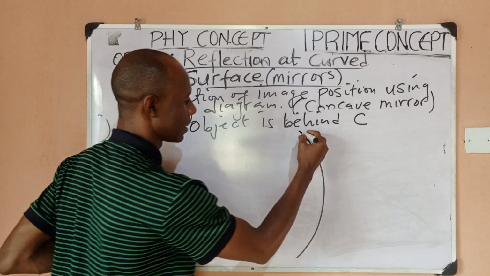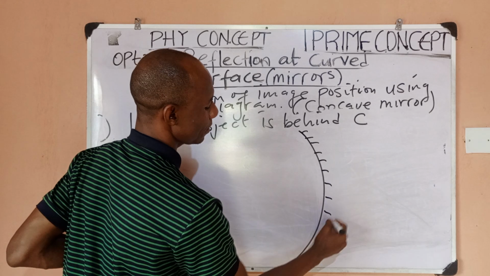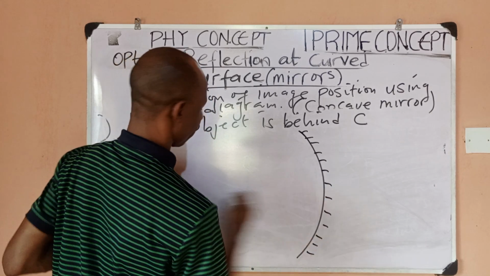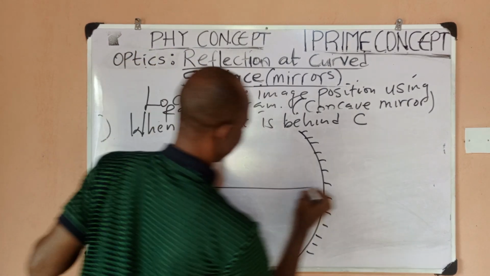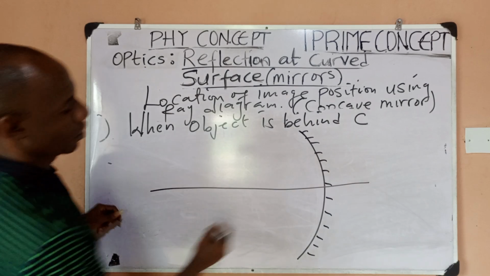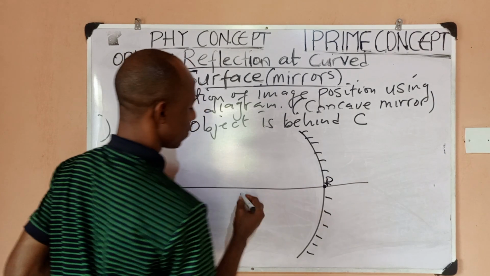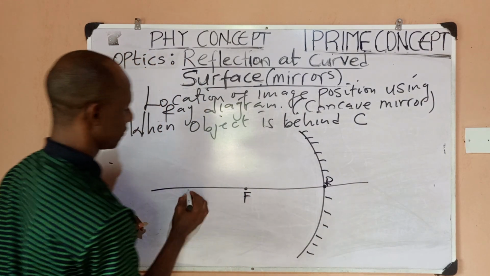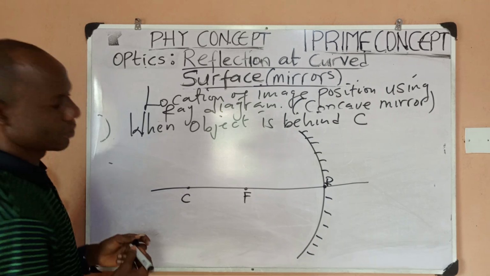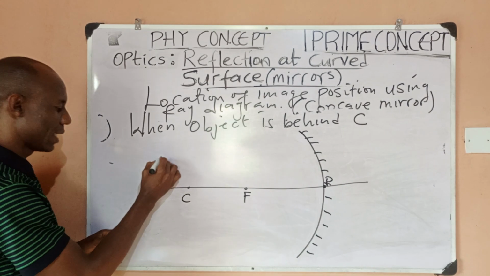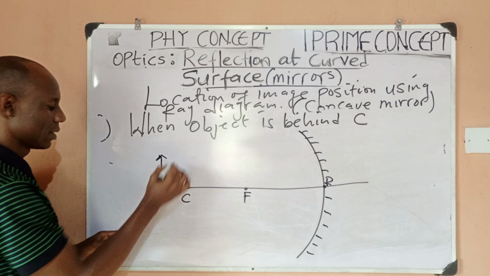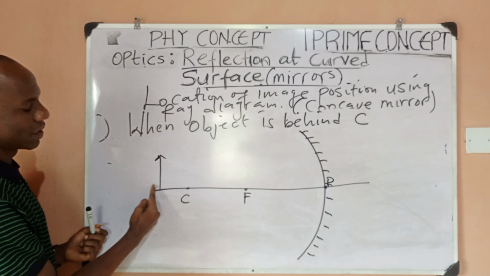So let's quickly do that. So I have this. Okay. So this is my pole. This is F. This is C. So if my object is behind C, like this is where my object is, at the back of the center of curvature.